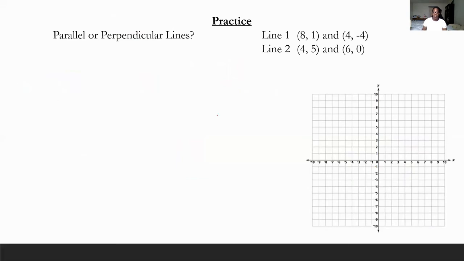So we can find our slopes, or we can go ahead and graph them. So let's find our slopes first. So we can do our y2 minus y1 over x sub 2 minus x sub 1. So for the first line, we have a negative 4 minus 1 over 4 minus 8.